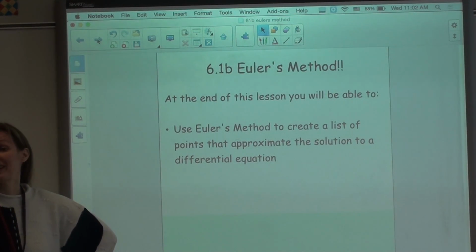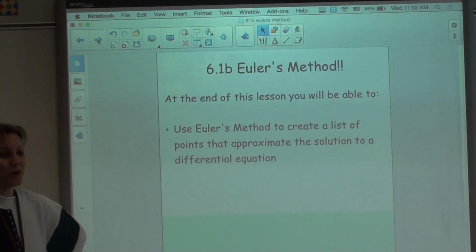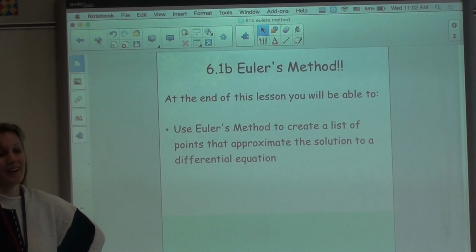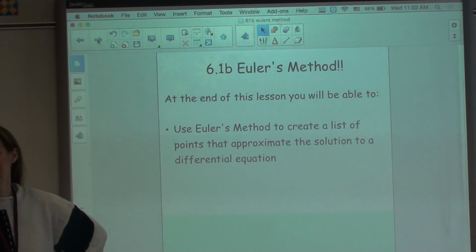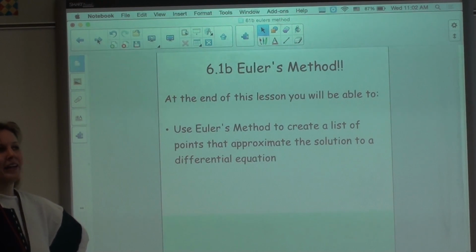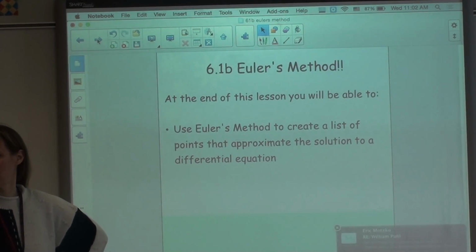Euler. Does anyone remember anything about Euler? Yes? He has a what? A line? He has a line named after him. We did that in geometry. Oh, okay. Anything else? Okay, and I get them mixed up too. Was Euler the one who had to move to Russia because he was a friend of Bernoulli and ended up being head of the mathematical department of the Academy of Russian Sciences or something like that?